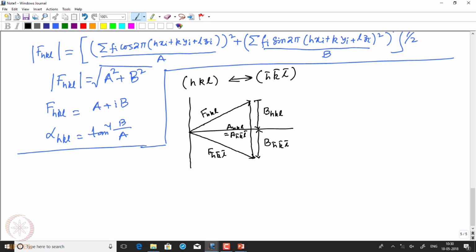The phase angle for the HKL reflection is alpha HKL. Phase angle for the F H bar, K bar, L bar is alpha H bar, K bar, L bar. So, now from the figure we can easily see that AHKL is equal to A H bar, K bar, L bar. BHKL is equal to minus of B H bar K bar L bar. It's of opposite sign.